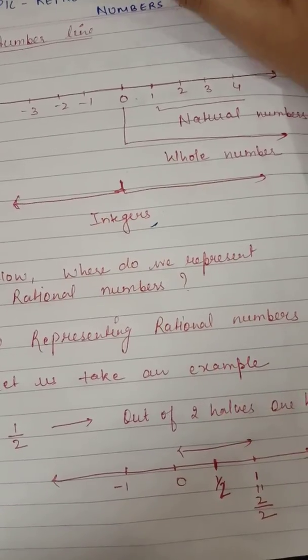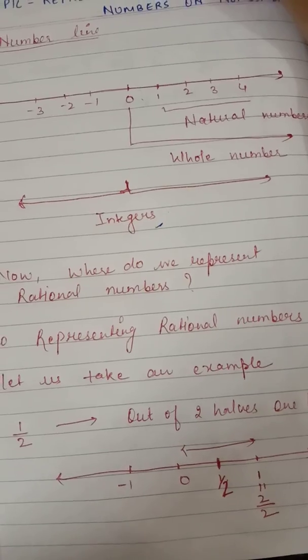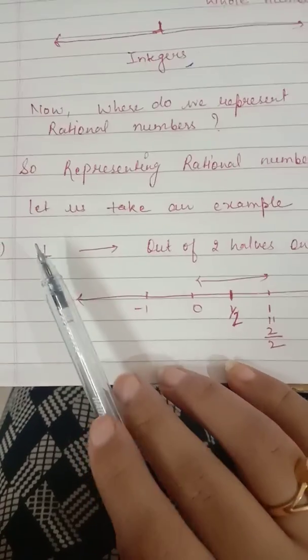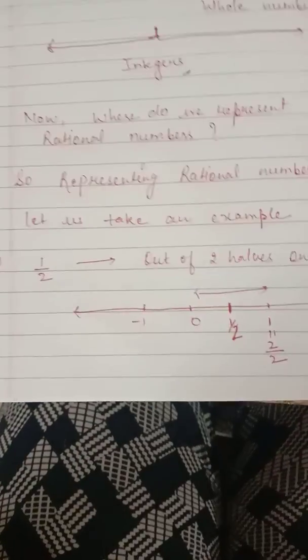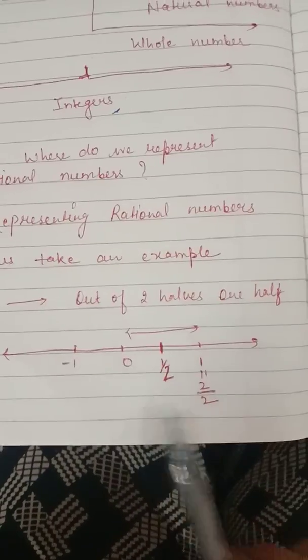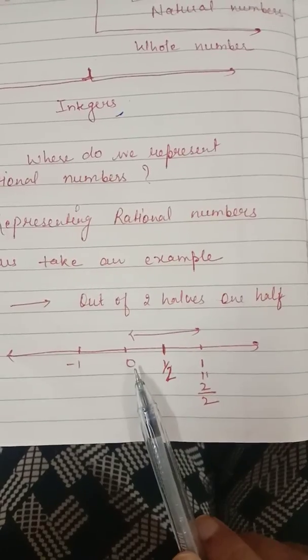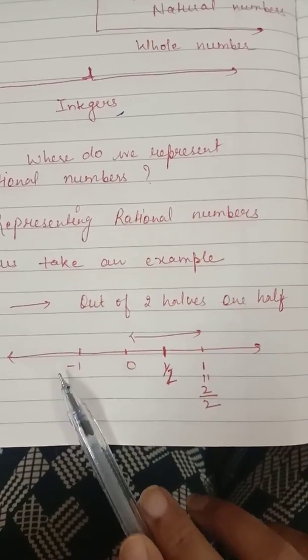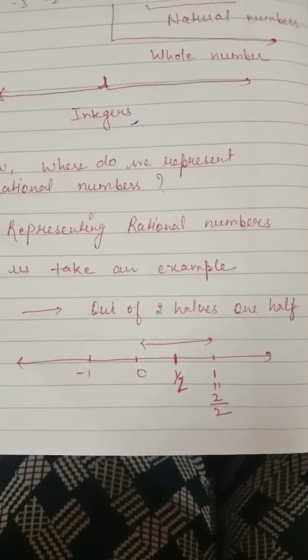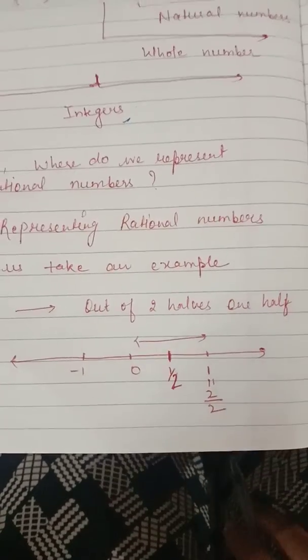So now see, first for that we will take an example 1 by 2. So to represent 1 by 2 on the number line, I will draw a number line. Okay, on the number line 0, -1, 1. I will draw these three numbers on the number line first.